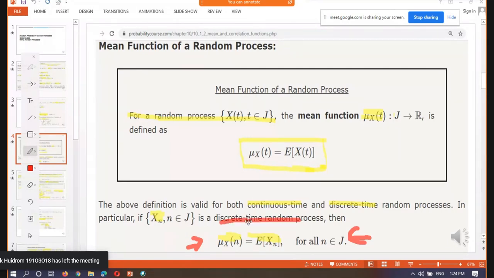So for a discrete time random process, the mean function is denoted by mu Xn, that is expectation of Xn. And for continuous time it is this one. Even though this can be used in both cases, you have to understand what t is.